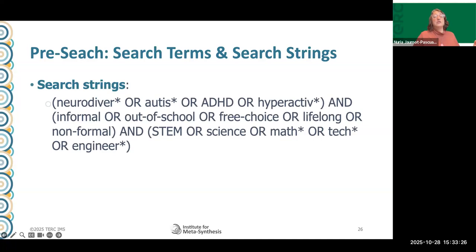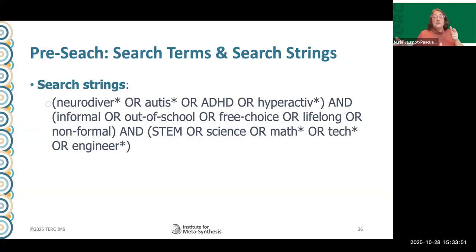here we have what we call a search string. This is an example that we have put together for this specific metasynthesis. If you look at it, the first set of parentheses is for the neurodivergence terms. The second set is for the informal learning environment.